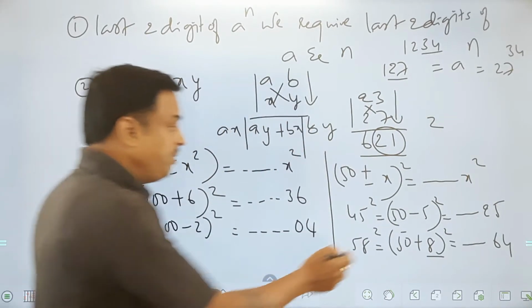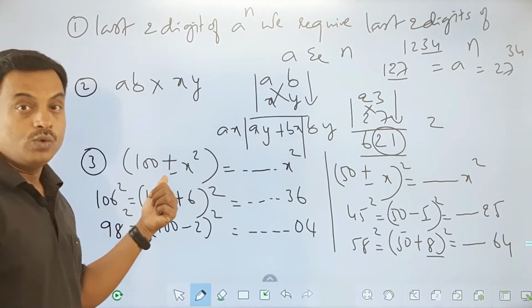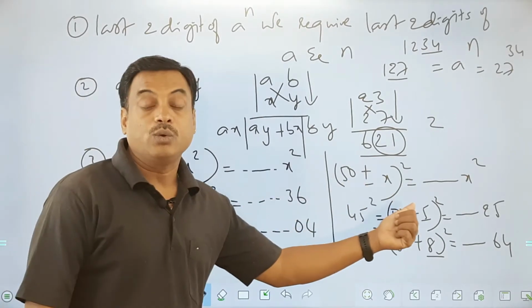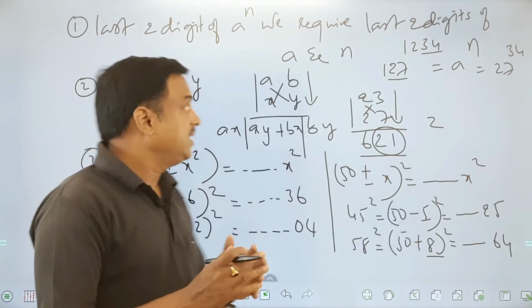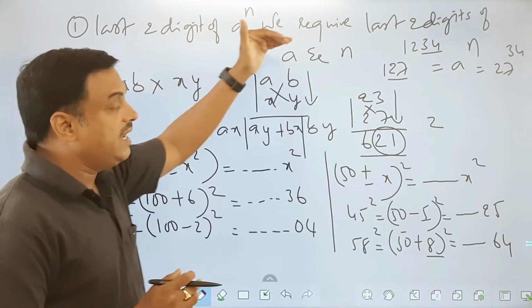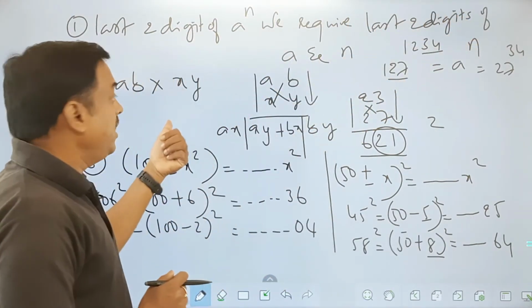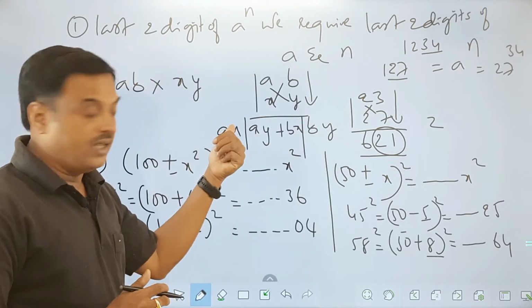So this will be easy for me to get the last two digits if the number is close to 100 or if the number is close to 50. So these are the 3 points which I need to remember. One, I'll require only the last two digits of a, the last two digits of n. Column multiplication will be required here.